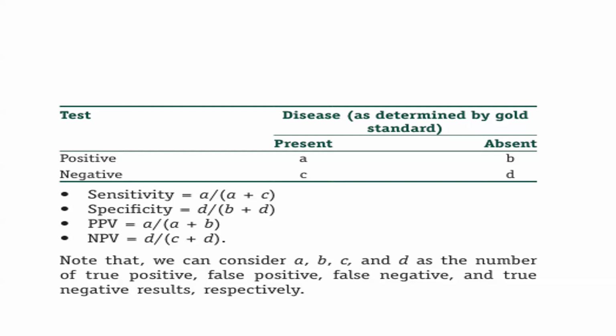So the positive predictive value is A upon A plus B, and the negative predictive value is D upon C plus D.